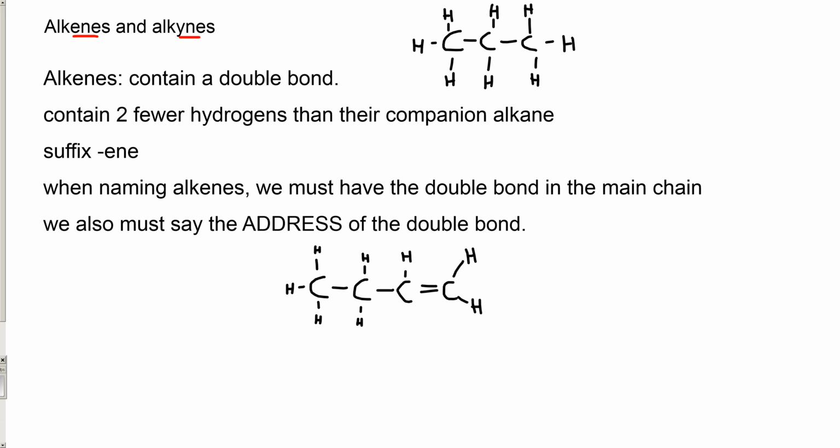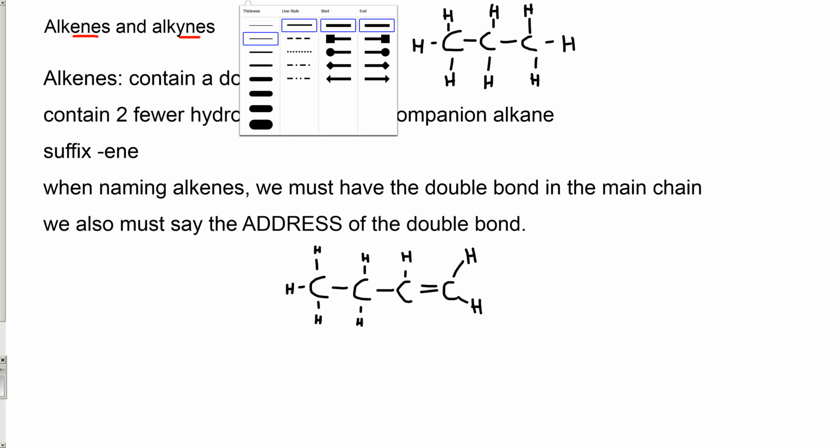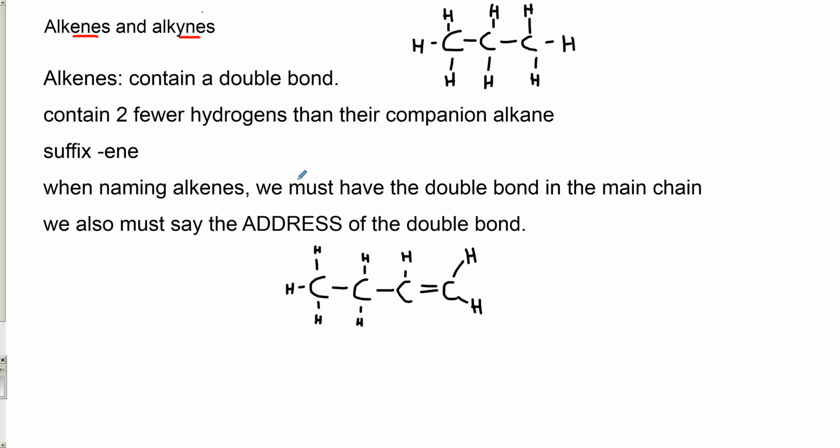Now let's get on to naming this bad boy. It's going to be a little more difficult than an alkane because of these 2 facts that we need to include. The first thing I do is look at how many carbons this is. There are no branches here, so we won't worry about that for now.